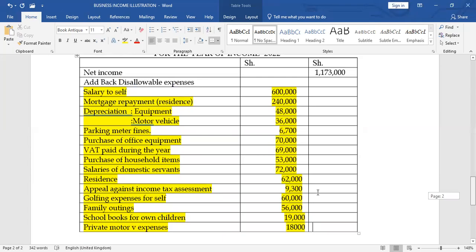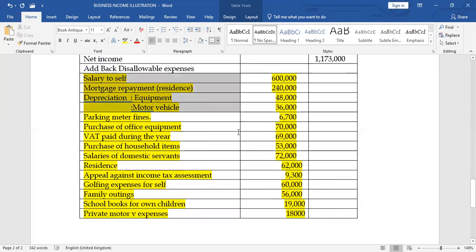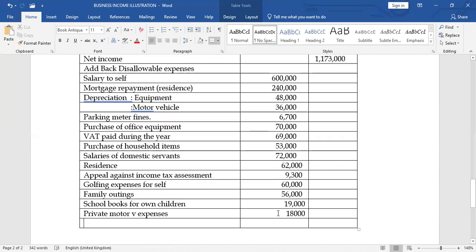And now what we need to do is obtain summation. Let's obtain the total of these expenses. Now, here is where we are disadvantaged, because if it was Excel, it would obtain the total for us.